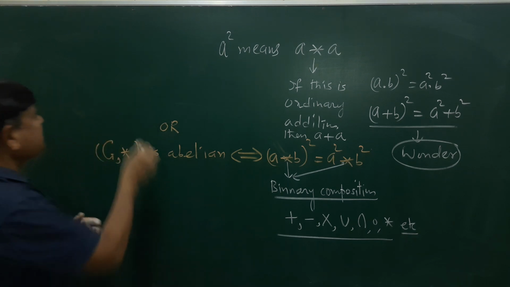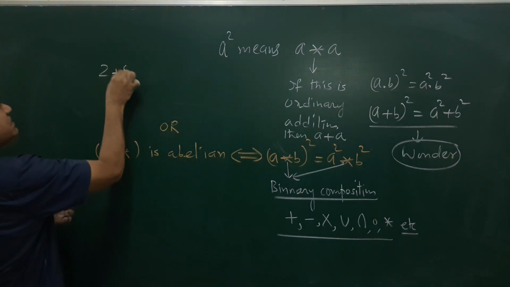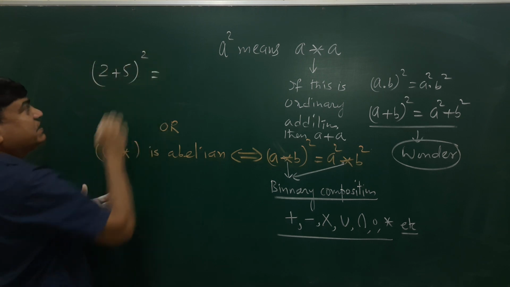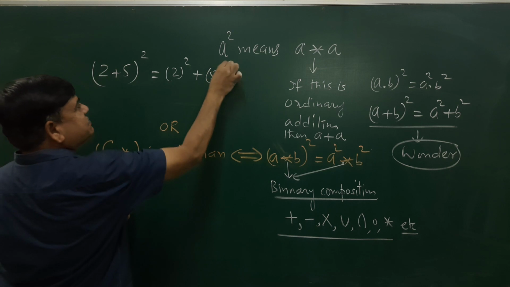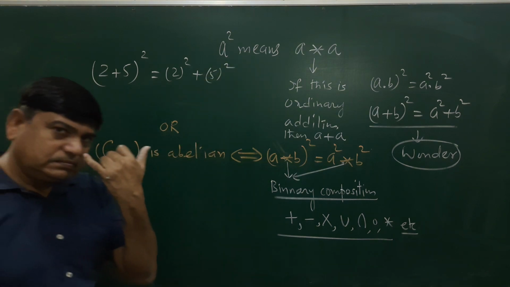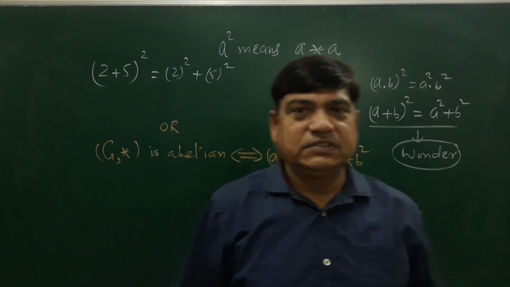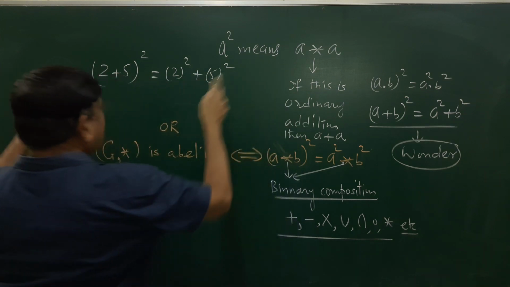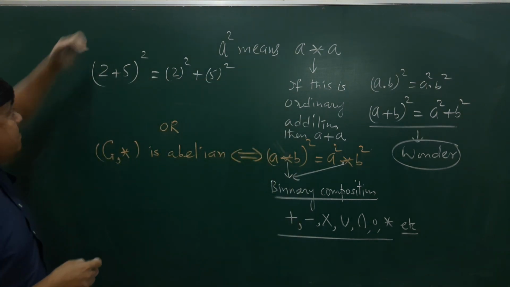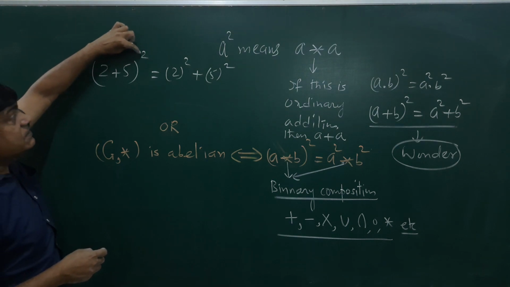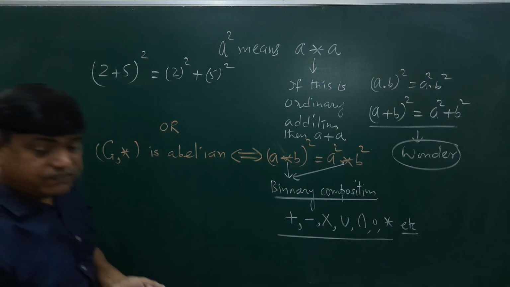Suppose I say (2 plus 5) whole square is 2 square plus 5 square. Is it true? No. Remember the answer of this.